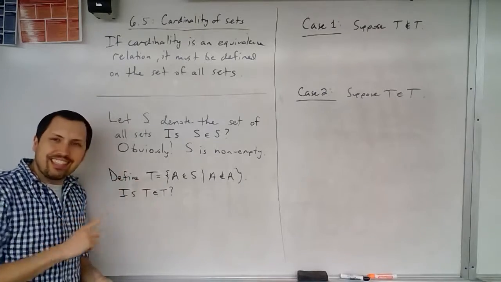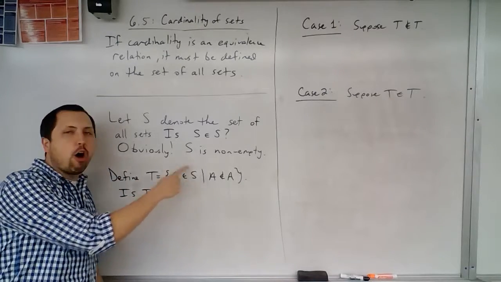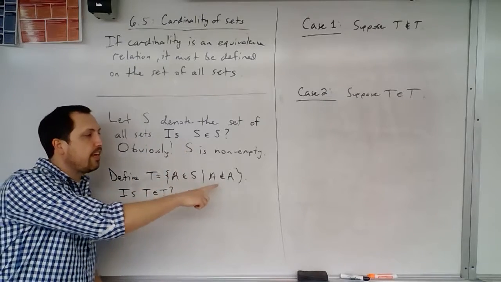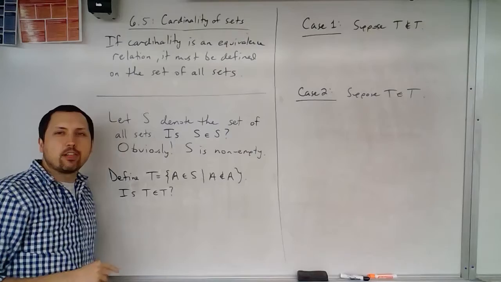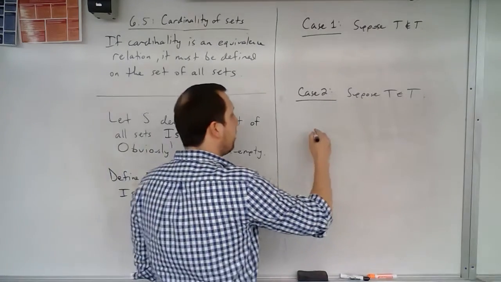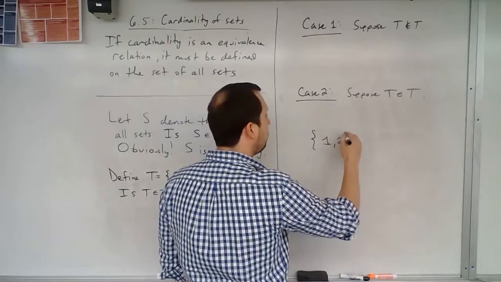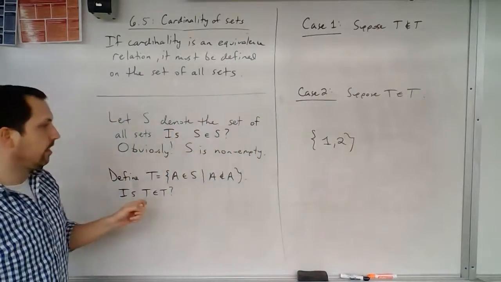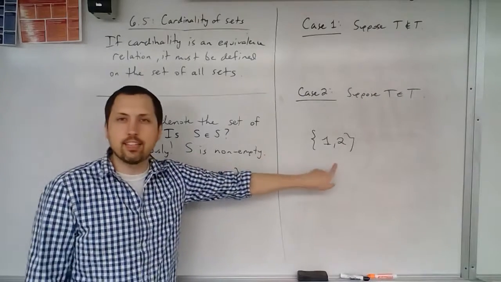I'm going to define this other set T. T is going to contain all of the sets from the set of all sets such that they aren't an element of themselves. So for example, say the set containing 1, 2. This is not contained in itself, right?